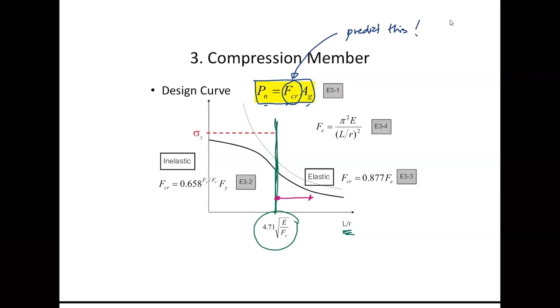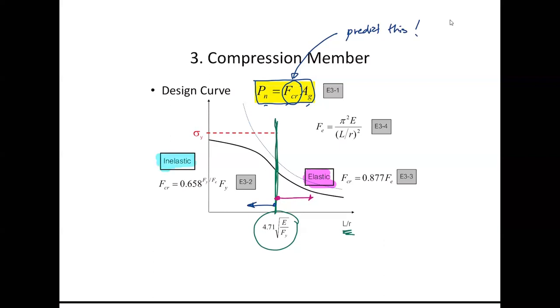And when you check this and your KL over r or L over r is larger than this limit, your compression member is going to have the elastic behavior. If it is smaller, you are going to have the inelastic behavior.